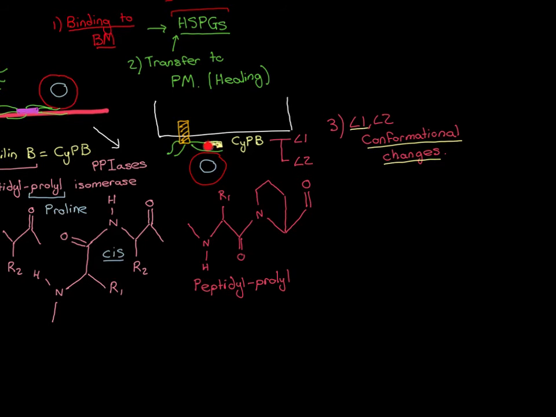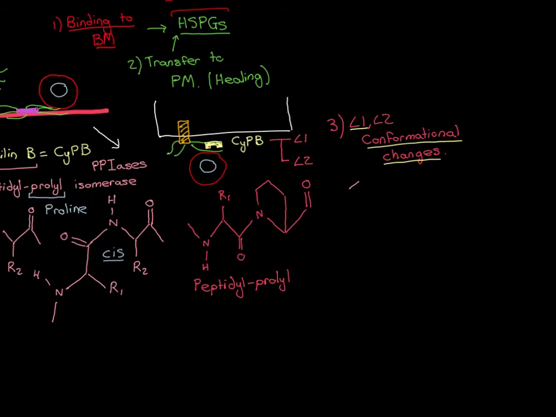So, cyclophilin B is helping to catalyze conformational changes in loads of L1 proteins and L2 proteins in the capsid. When L2 undergoes this conformational change catalyzed by cyclophilin B, it exposes a little bit of its N-terminus. It exposes its amino terminus. So let me just remind you of how L2 sits in the L1 pentamers.